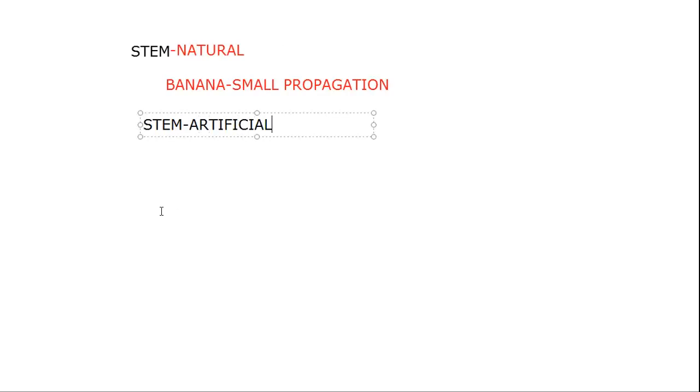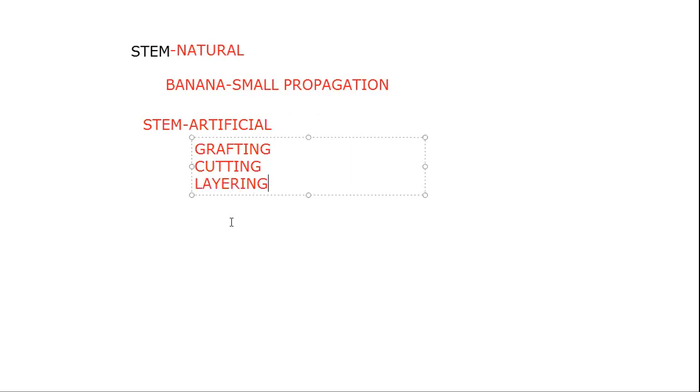A hybrid, by the human. Okay, what are those? Grafting, cutting, then layering. So this is all done with the stem of a plant by the manual method.